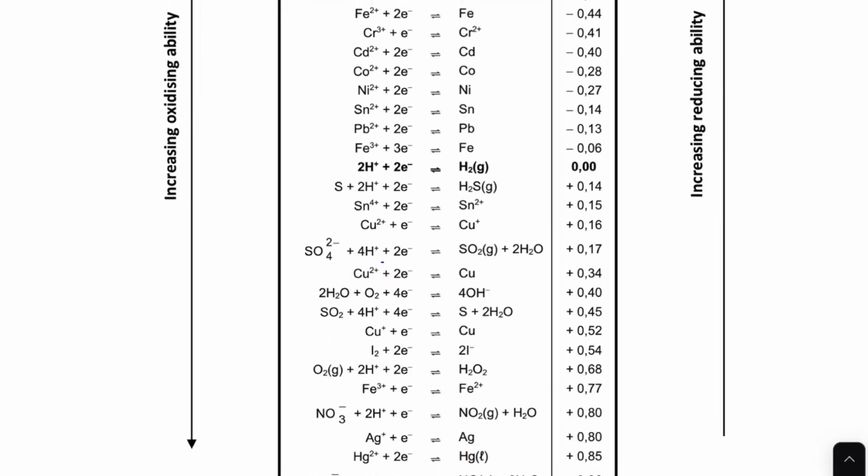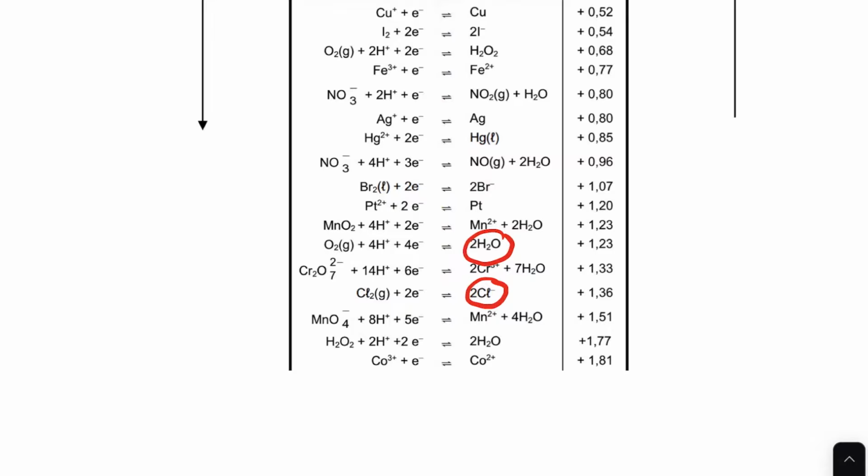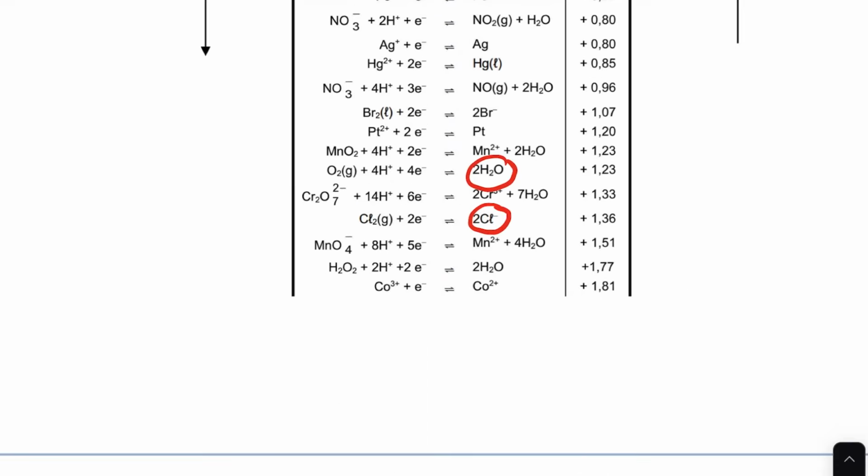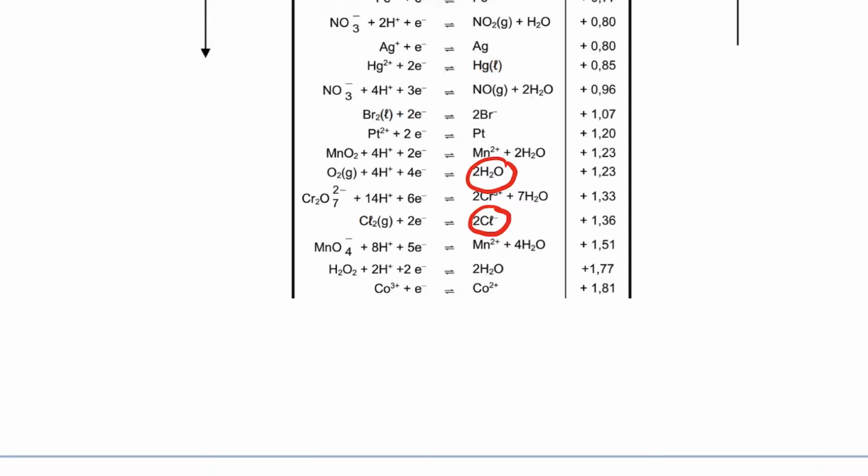Looking here between water and chloride ion, the water has a stronger reducing ability than the chloride ion. But since this solution is concentrated sodium chloride, if you look at the values between the two, they're so close to each other, and they're positive values.